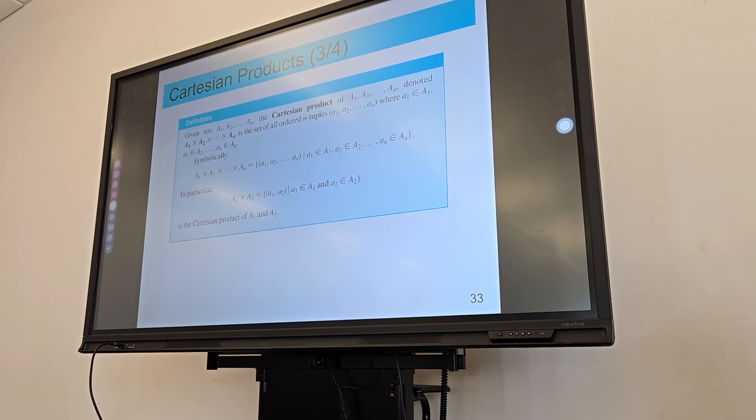So the number of sets is how many numbers there are in the tuple, where a1 is an element of set A1, a2 is an element of set A2, so on and so forth.